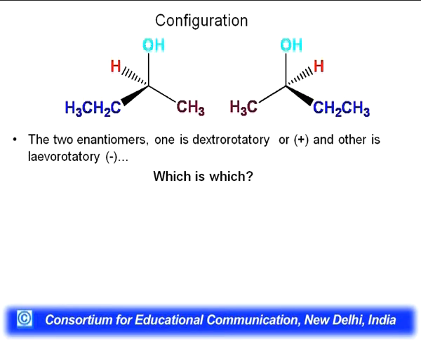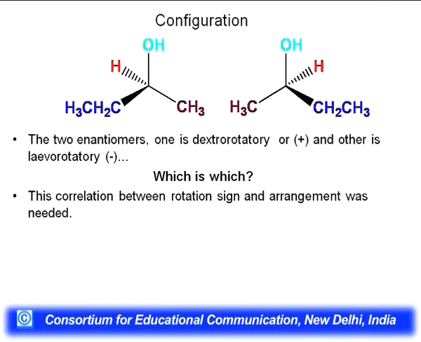We can see their spatial arrangement, which groups are coming towards us, which are going away, and the characteristics of the molecule. But how could I identify whether the first one is dextrorotatory or the second one is dextrorotatory?